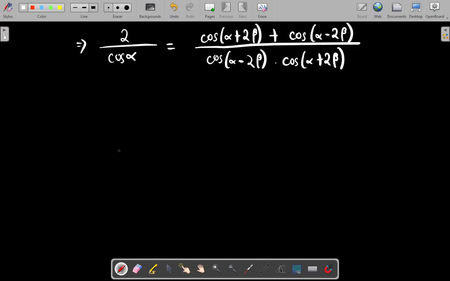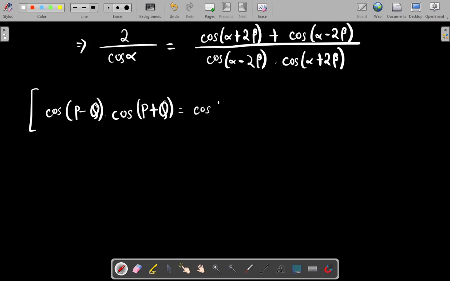Okay, so now I'm going to find the formula for cos(p minus q) times cos(p plus q). This is the form of the denominator: cos(alpha minus 2 beta) and cos(alpha plus 2 beta). Let us try to find this formula.